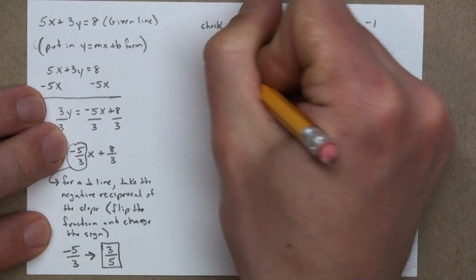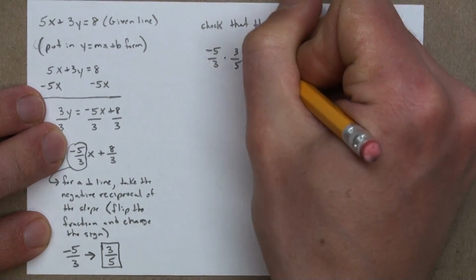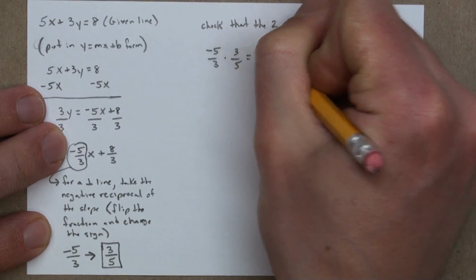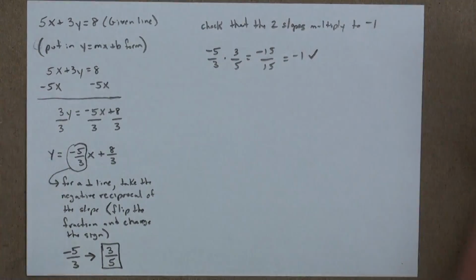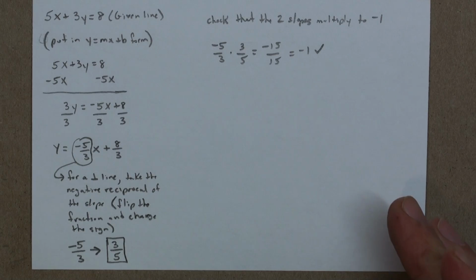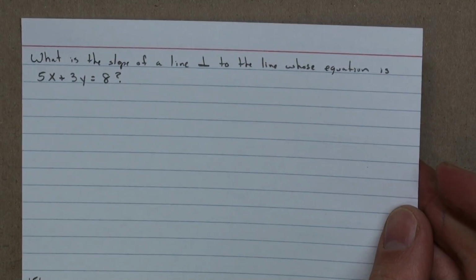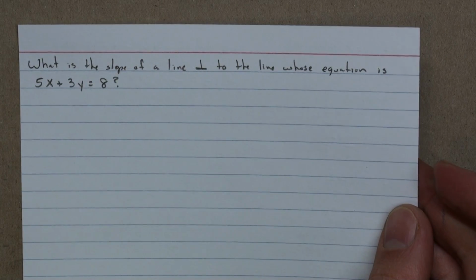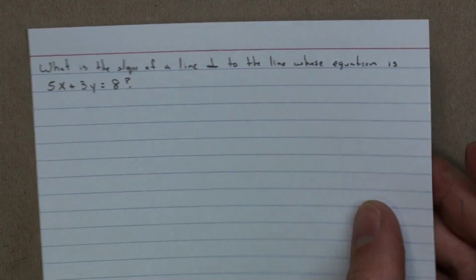Negative 5 thirds times 3/5 equals negative 15 over 15 equals negative 1. Okay? So that's an example, a typical problem that you would be given on the Regents exam involving finding the slope of a perpendicular line when you're given the equation of some other line. So I thought it was important to put that one on there.